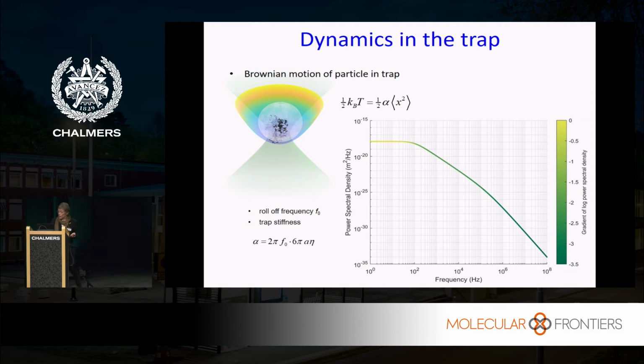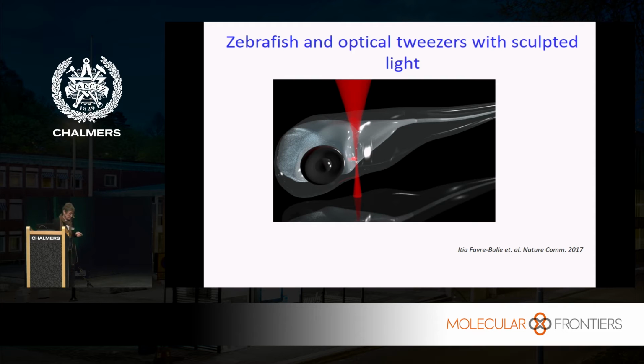So in my group, we were interested in trying to do something with optical tweezers when it was difficult to do it. But there was a proper biological question that we were asking. Our objective was to go very deep into the living tissue and then be able to do the trapping, and I would be happy with that.